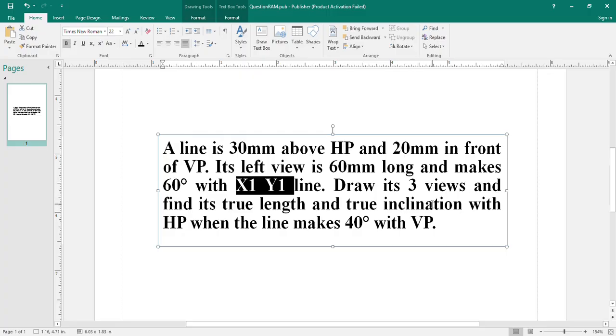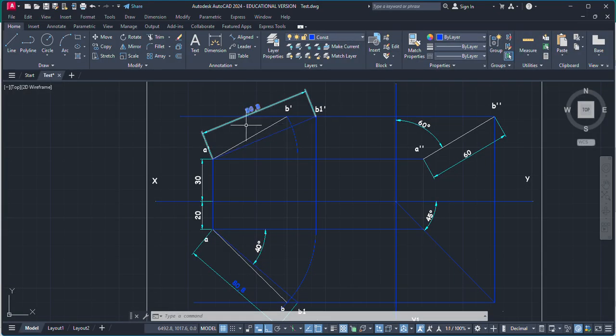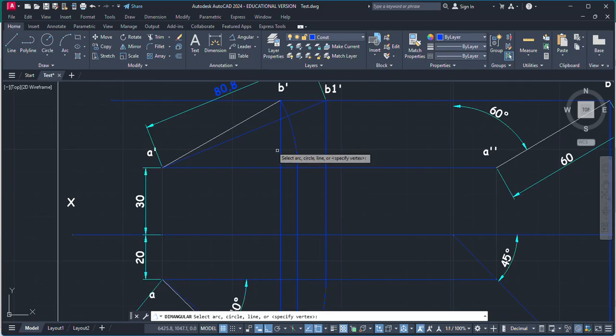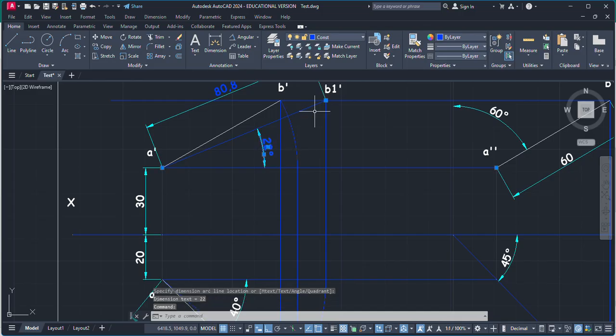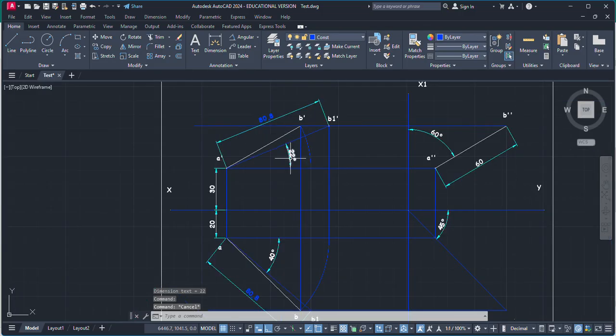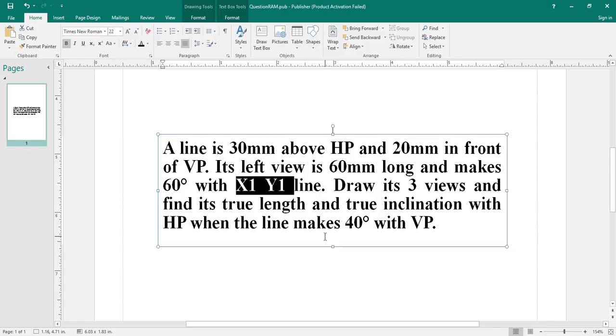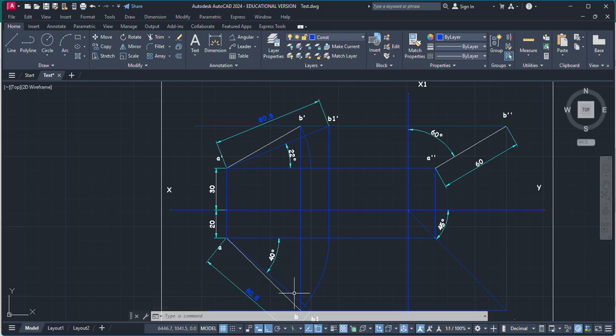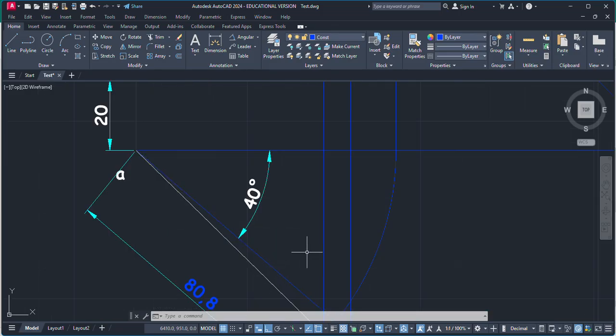Now in the question it is asked to find the true length and true inclination with HP. So the true length is 80.8, and the true inclination with HP is the angle created by the true line with HP, which is 22 degrees. Okay, so true inclination with HP is 22 degrees.